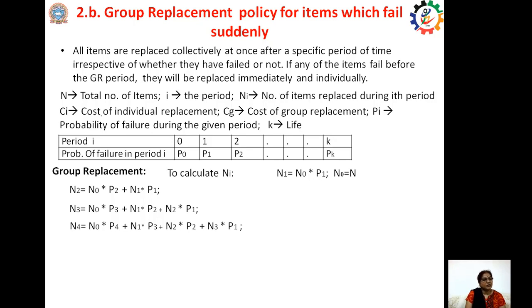They were not replaced at all, so they will fail according to the probability distribution of the fourth duration. Bulbs which you replaced here, 5, for them it is the third month, so they follow the third month distribution. Bulbs which you replaced here, 10, for them this is the second month. Bulbs which you replaced here, 15, for them it is the first month, so accordingly they will fail.